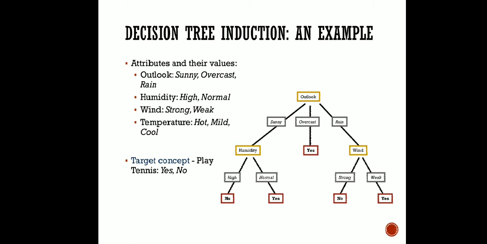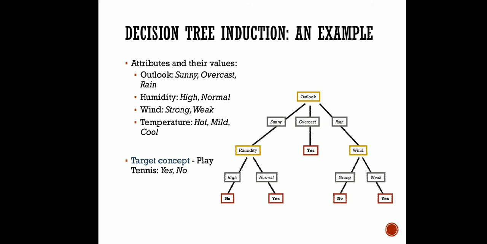So I will explain the total decision tree using this famous example of playing tennis. Here we have a data set, and using different criteria, that is outlook, humidity, wind and temperature, we are going to decide whether we are going to play tennis today or not.